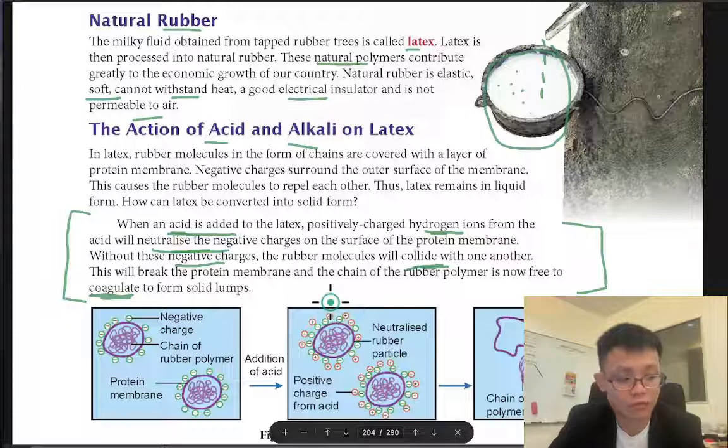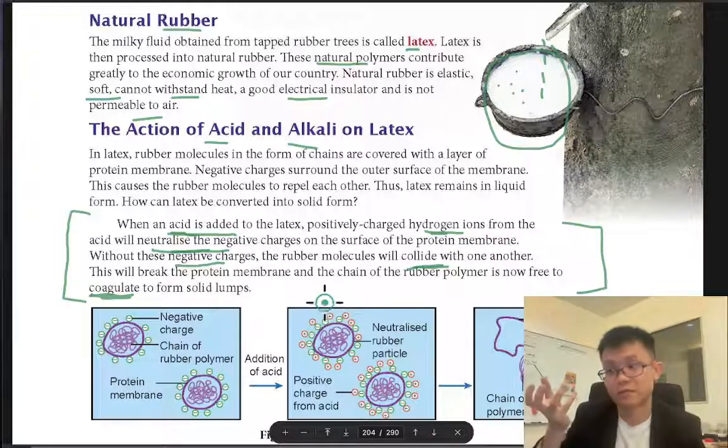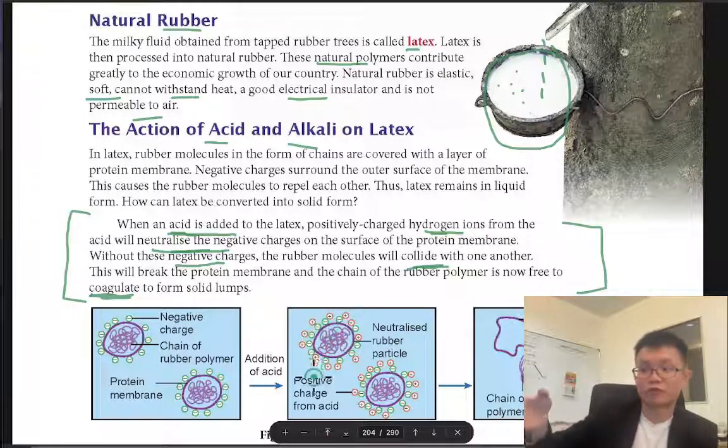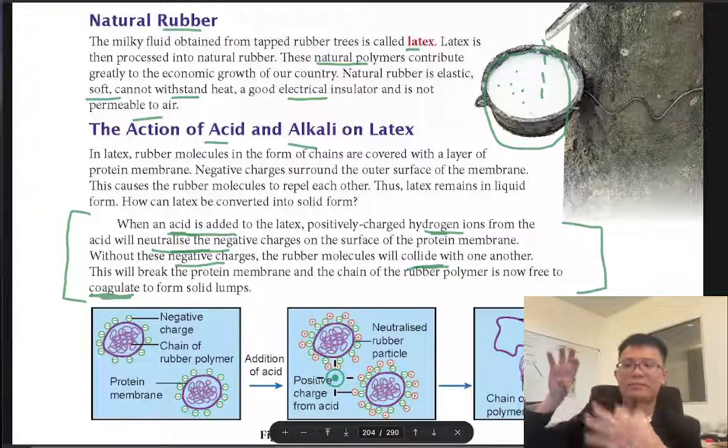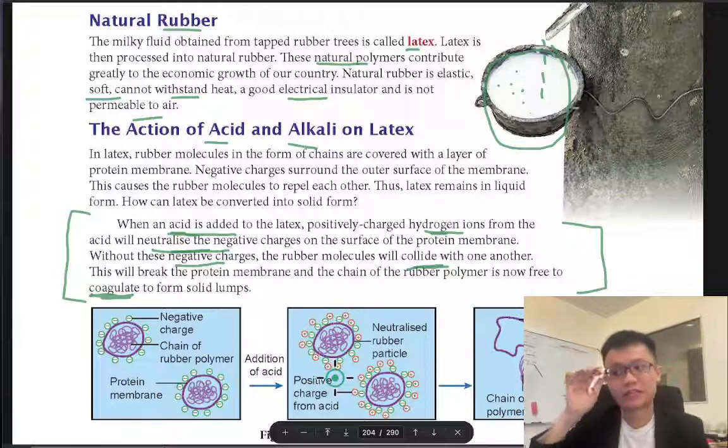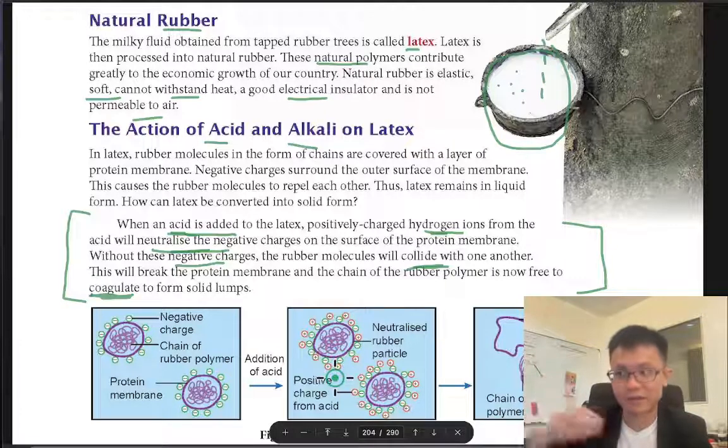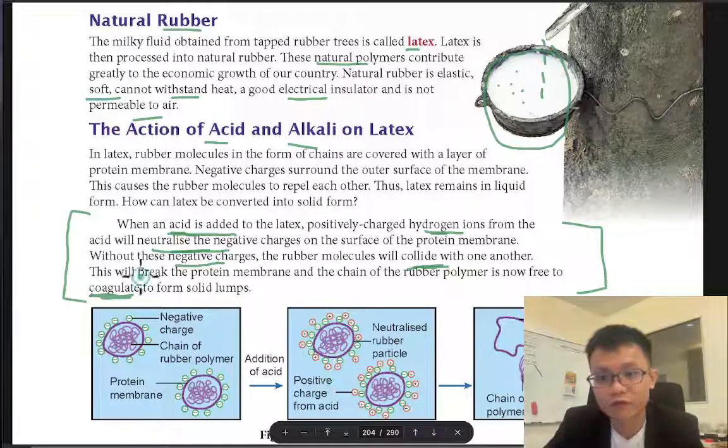Let's say you leave the milk outside, then the milk spoils. So I can also say the milk has already coagulated, become like jelly to form a solid lump. So it will become a little bit solid like that. You get what I mean or not?